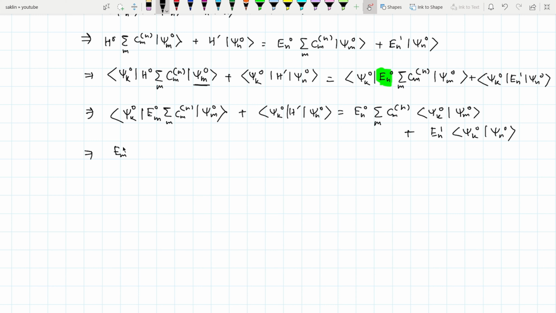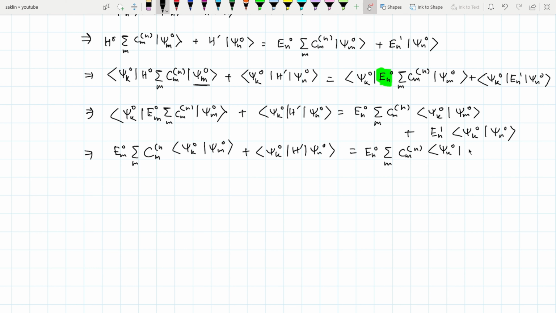Here also I can take these two terms outside of the summation, outside of the bracket notation. Here no change, here no change. All those things are written properly.